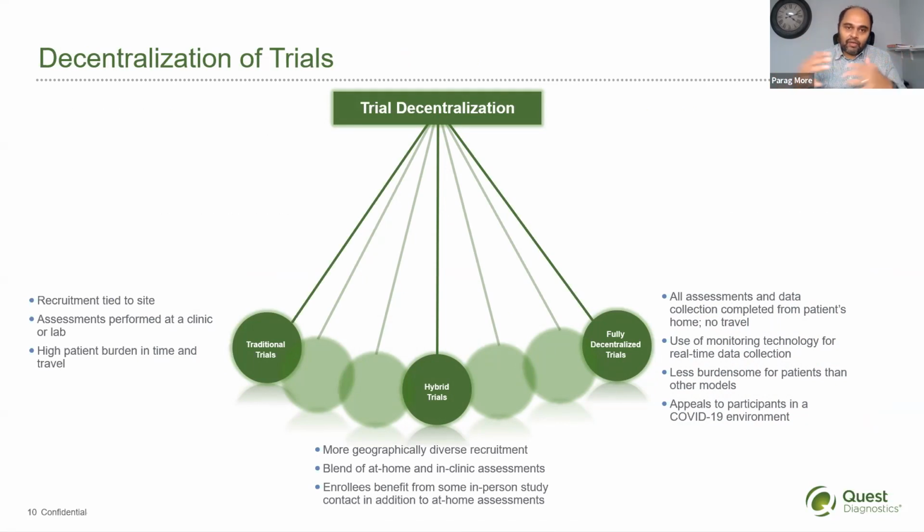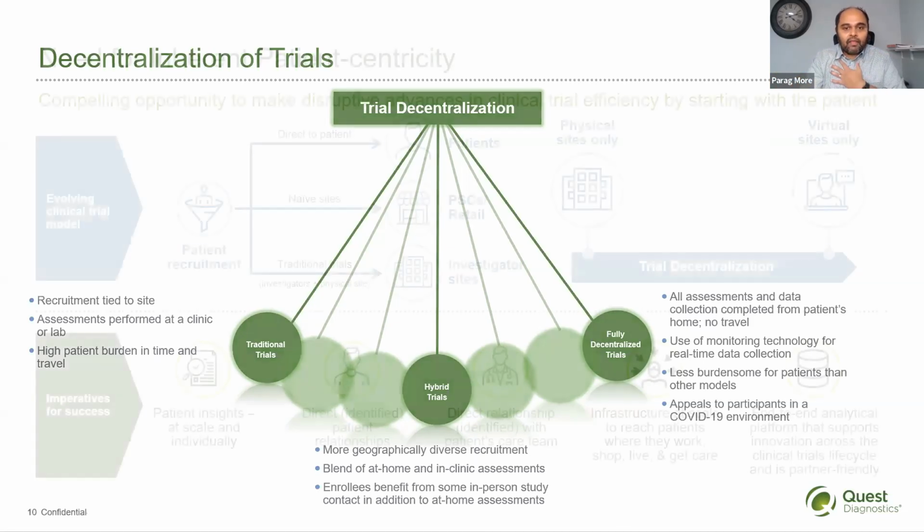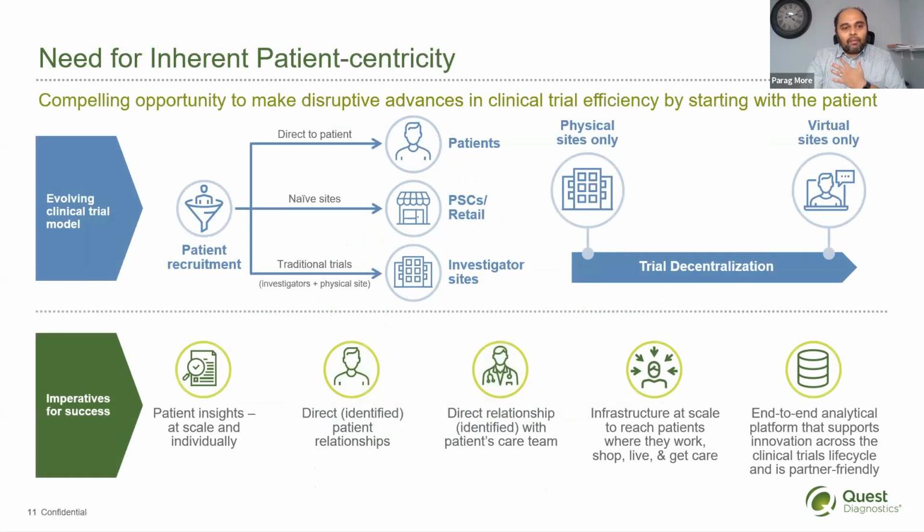Even if you're not fully decentralized or it's a fully virtual trial, sponsors and CROs are making sure to optimize which aspects of the trial they can optimize. So as the clinical trial model is evolving, going from purely a site perspective to virtual sites and settling somewhere in between, what are the imperatives for success?